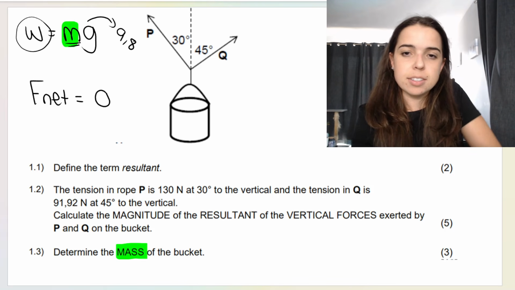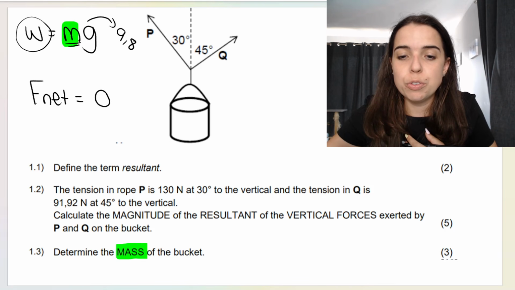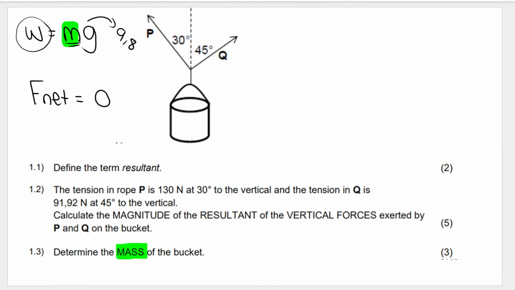So let's go back to that discussion we were having earlier on which forces are acting up and down and which forces are acting left and right. If I draw my free body diagram, remember I said weight is acting straight down. We've got the tension in P, like this, and we've got the tension in Q. Now, Grade 11, think of it like this. Remember, my up-down forces act along the y-axis, and my left-right forces act along the x-axis.